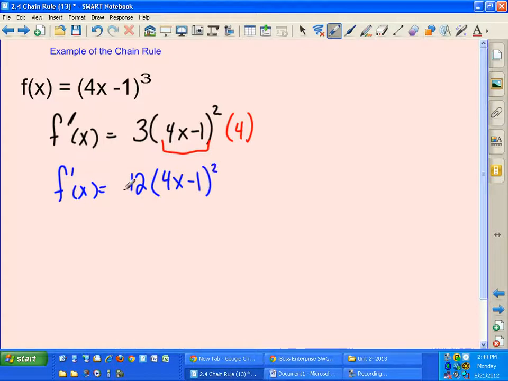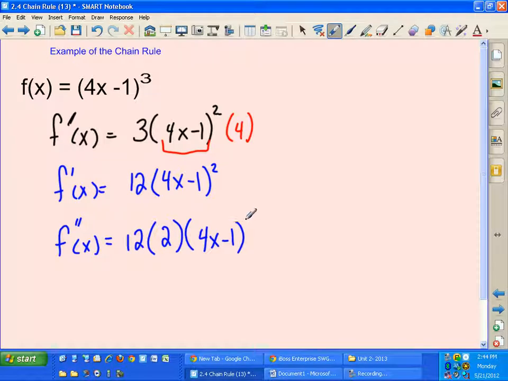Now that's the velocity function. And if I had to take the second derivative of this function, then I would do the same thing. The 12 is a constant multiple. It just stays as is. Take the derivative of the outside, which is 2, and then leave the inside alone. Reduce that outside power by 1. So there's a 1 there, but I'm not going to write it.